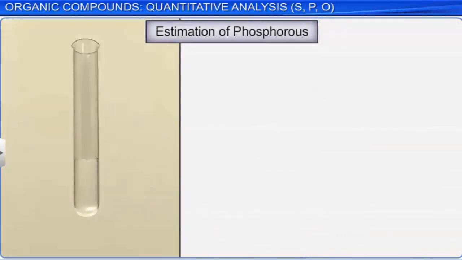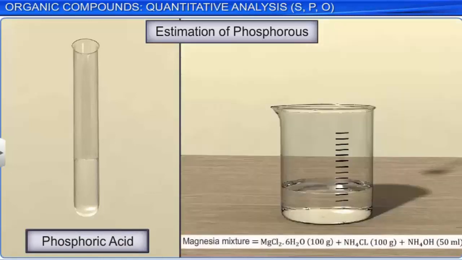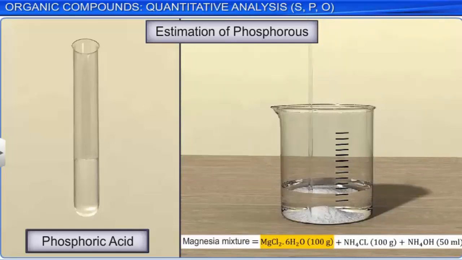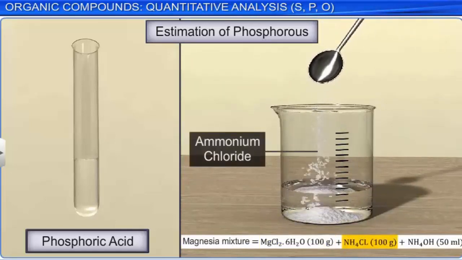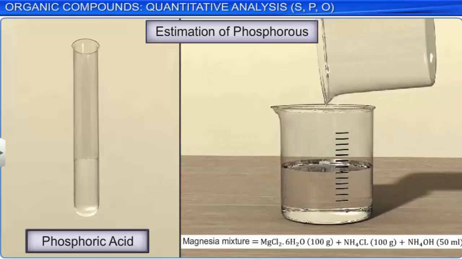Sometimes, phosphoric acid is precipitated by adding magnesia mixture. Magnesia mixture is obtained by dissolving 100 grams of magnesium chloride hexahydrate and 100 grams of ammonium chloride in water. To this, 50 ml of ammonium hydroxide is added and the solution is diluted to 1000 ml.